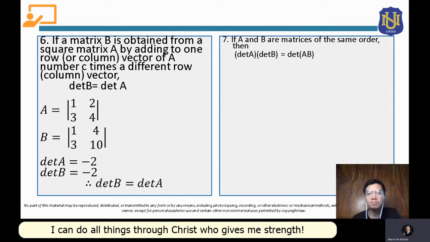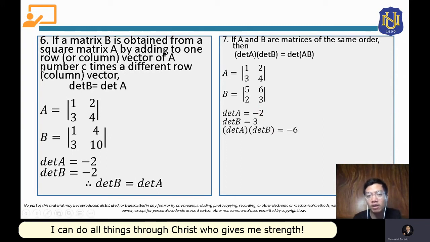Now, for the seventh property of determinants: if A and B are matrices of the same order, then the determinant of A times the determinant of B is equivalent to the determinant of the product AB. Let's say we have matrix A and matrix B. If we solve for their determinants individually, for A that will be -2, for B that will be 3.